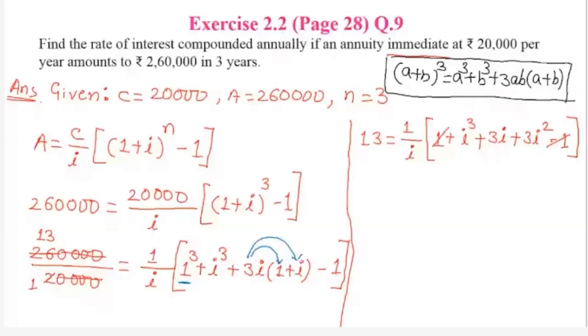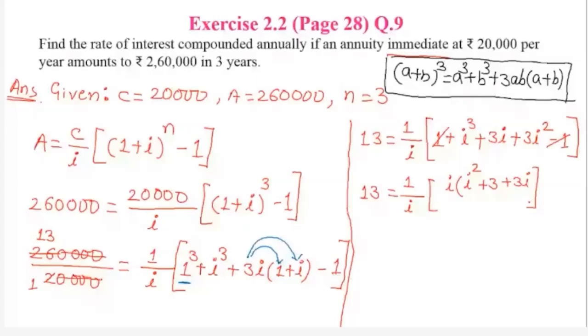Now, 13 is equal to 1 upon I as it is. In the square bracket, what is left? From that, you take I common. From I raised to 3, if you take out I common, it will be I square. From 3i, if you take I common, 3 is left, plus 3i square, so 3i is left. Correct, Dhruv?